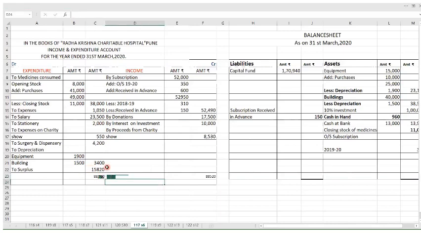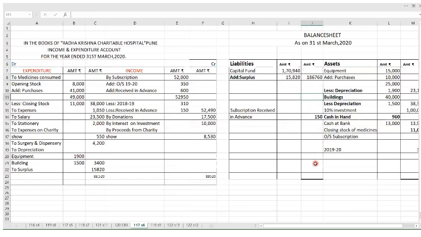So this surplus, we're going to add in the capital fund. So here we have to write down add surplus. The amount is 15,820. So the outer column amount will be 1,86,760.